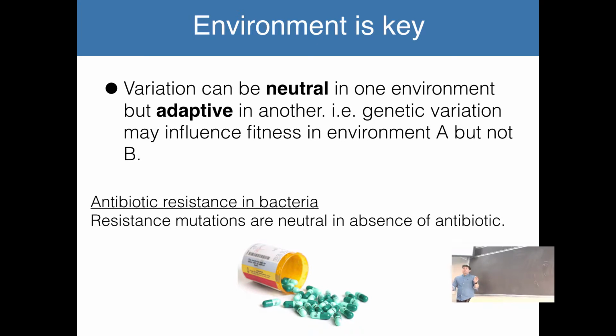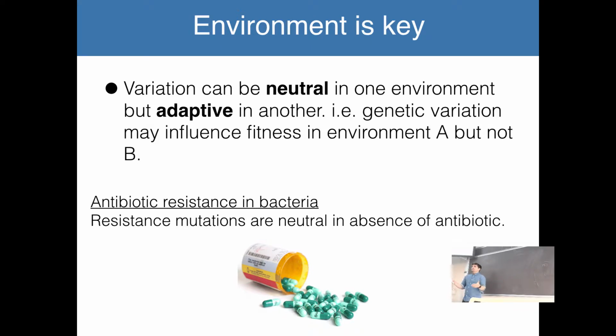A very clear example of that is antibiotic resistance. I showed you that video last time of this antibiotic resistance developing on this mega plate of agar. In that environment, when the bacteria is under strong selection to survive in this hostile environment, that's when there's adaptive evolution happening. You know, it's being pushed by selection.